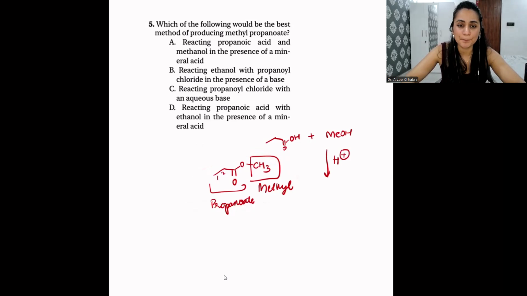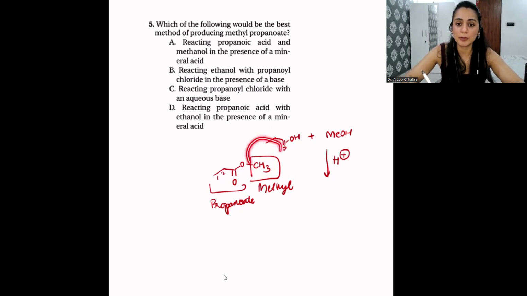In the second option, we have propanoyl chloride, which looks like this, right? And then reacting in the presence of a base with ethanol, okay? That wouldn't make a methyl ester. If you react that with ethanol, we're not going to get a methyl ester. We're going to get an ethyl ester, and that's why option B is not the correct answer. For option C, reacting propanoyl chloride with aqueous base.